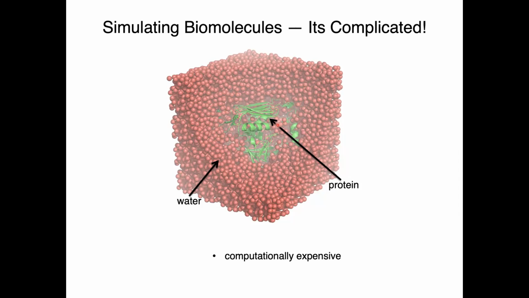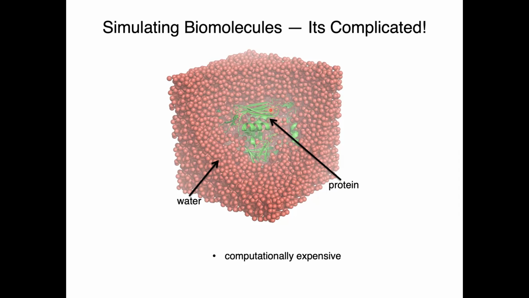Now, the way the energy functions work, what you actually have to do is, for every pair of atoms in your system, calculate some interaction, right? You can see there are thousands of water molecules around this protein, and there are probably on the order of 1,000 atoms in the protein itself.